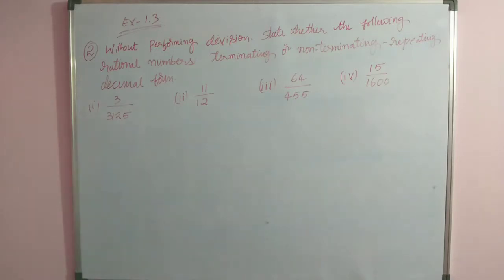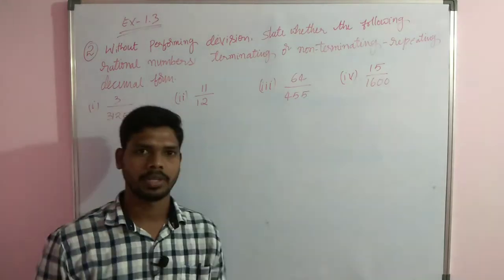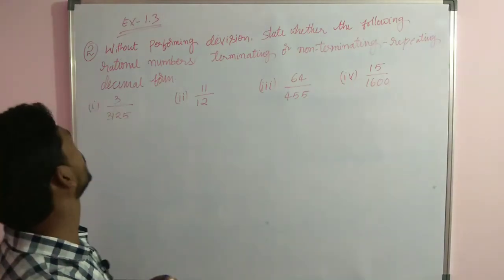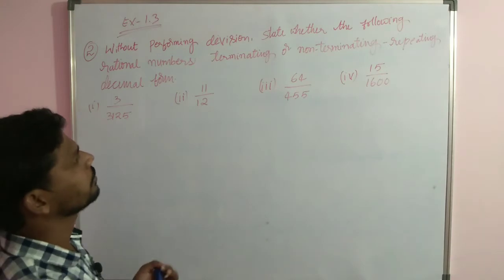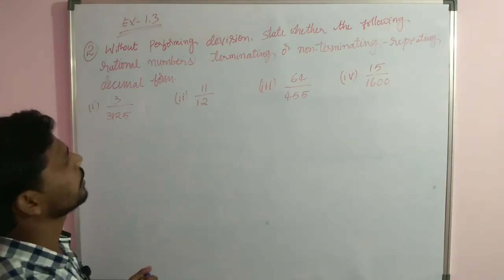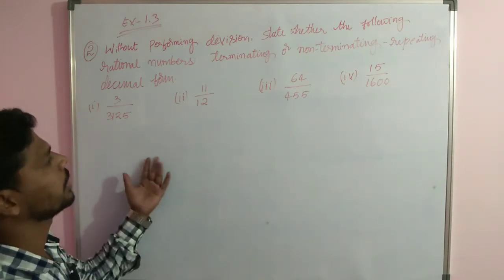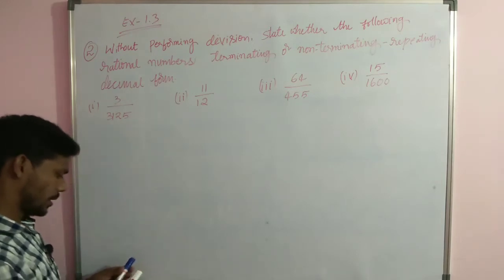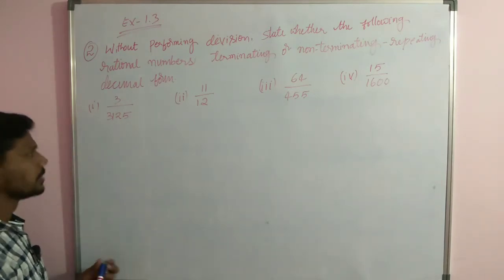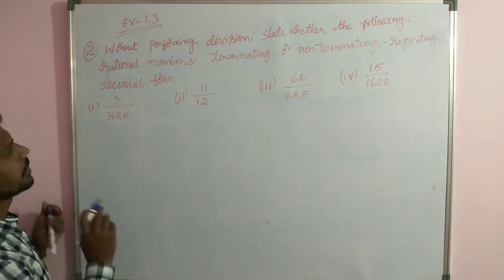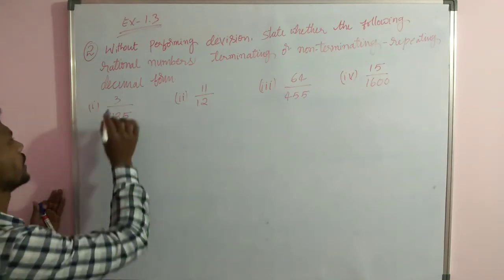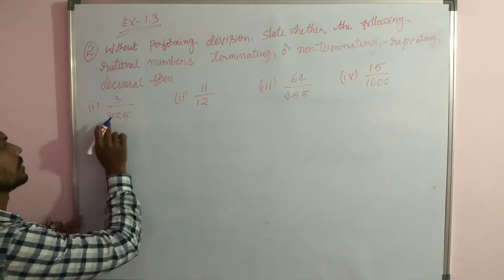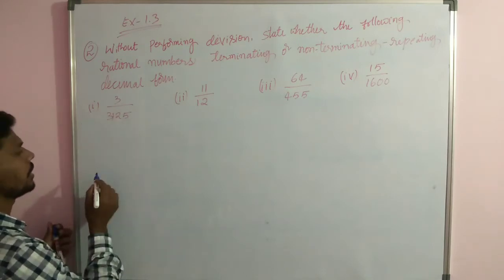The next bit is the second bit of exercise 1.3. Without performing division, state whether the following rational numbers are terminating decimals or non-terminating repeating decimal forms. Let's do it here. Without performing division. Here the denominator is 3125.